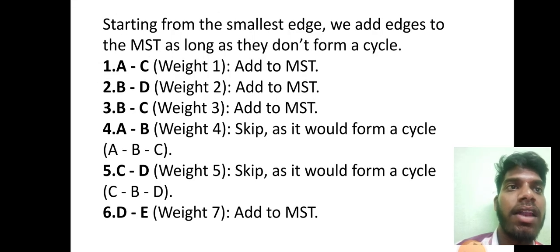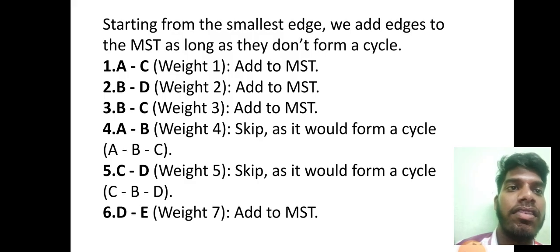Start from the smallest edge. We add edges to the MST as long as they don't form a cycle. A to C is added to the MST, B to D is added to the MST, and B to C is also added to the MST.